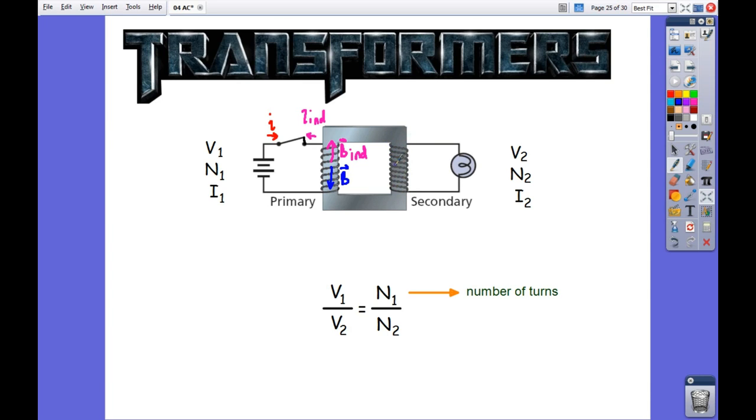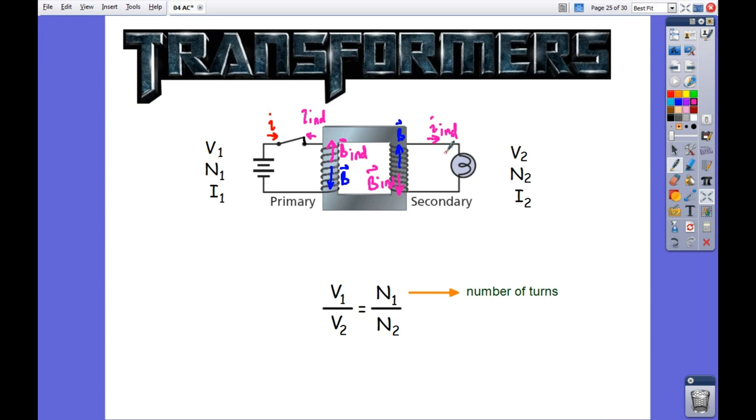So now look at the secondary. B is created, and then it will be opposed by B induction, and it will create current here, I induction.